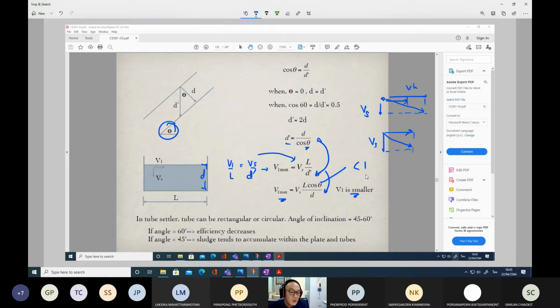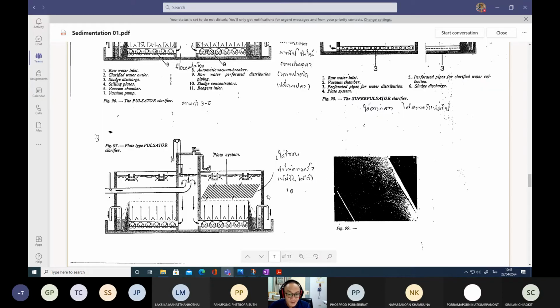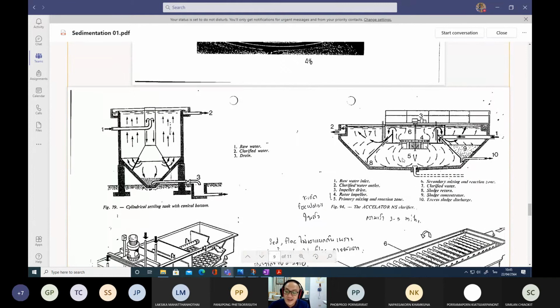And if you want to upgrade the conventional sedimentation tank, you can simply install the inclined plate or inclined tube. This is a kind of sedimentation tank. And this is the figure of the combined coagulation, flocculation, and sedimentation process.